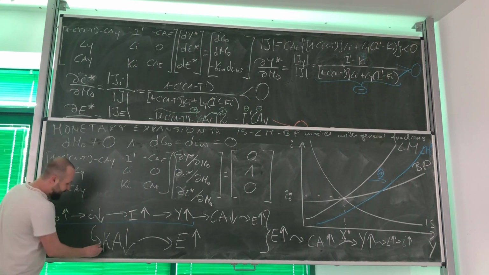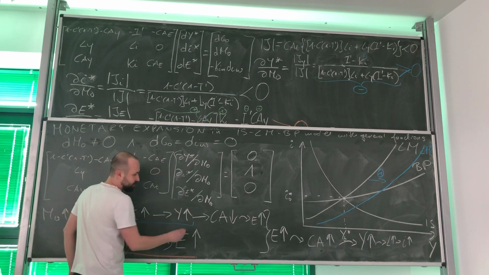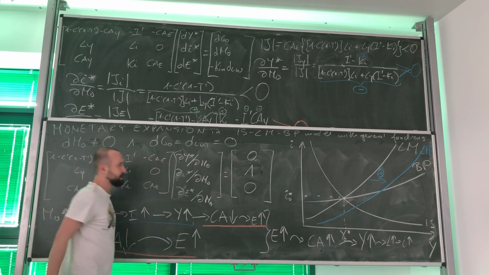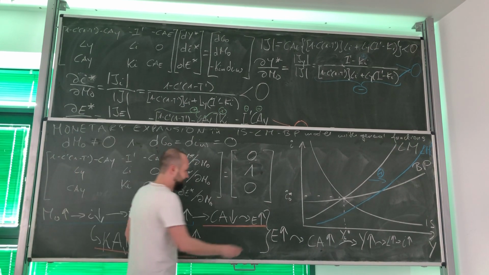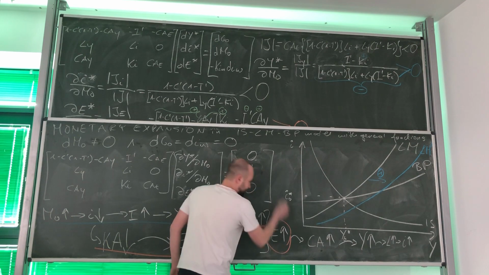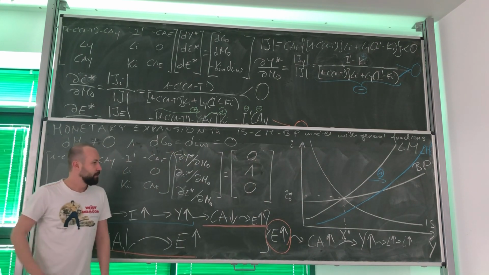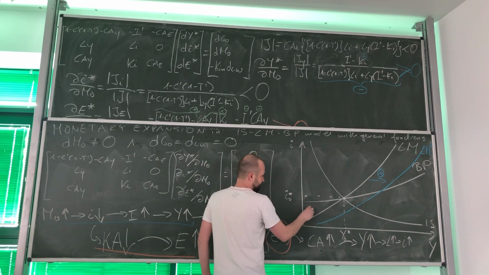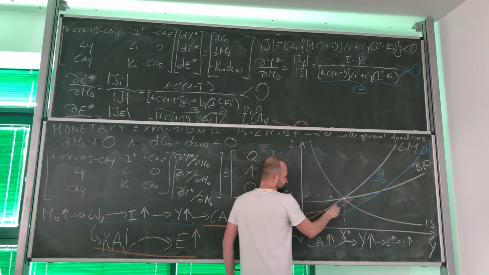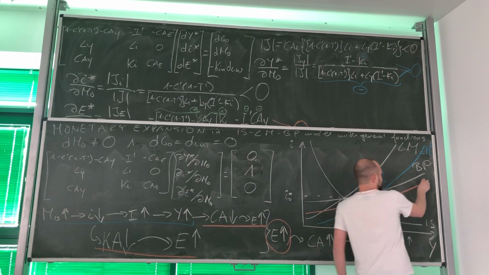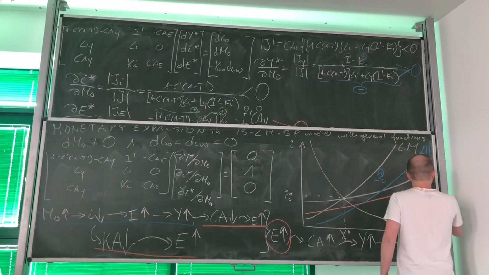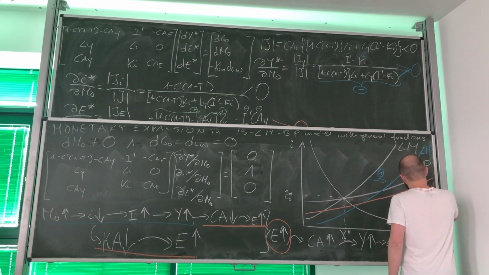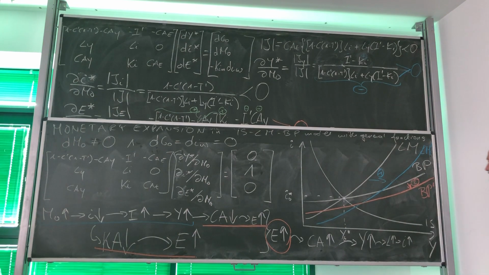Look, as a result of those two, our currency depreciates. We see depreciation of the currency as the BP curve moving down.